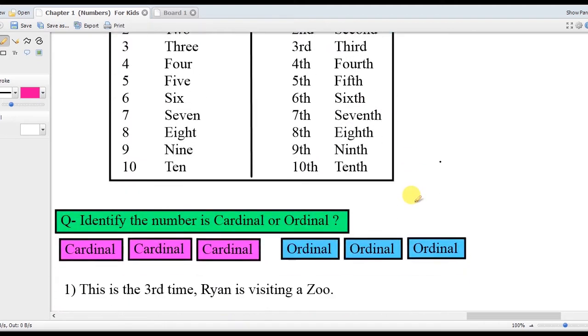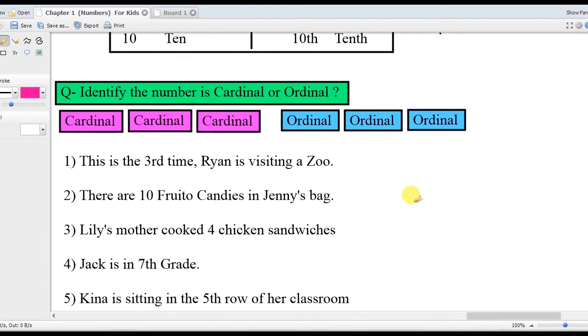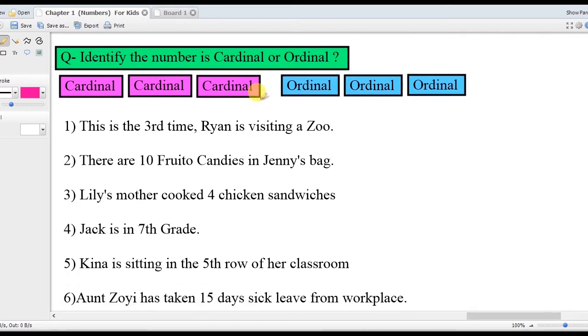Moving on to the next question, which is to identify whether the number is a cardinal or ordinal number. Here we have an activity. You can solve it on your own and then see whether our answers match. The first question is: this is the third time Ryan is visiting a zoo.